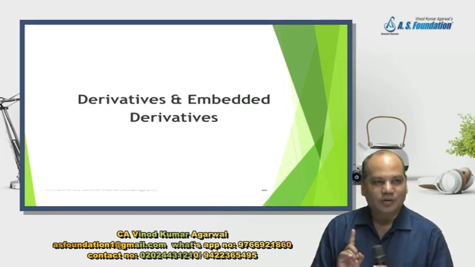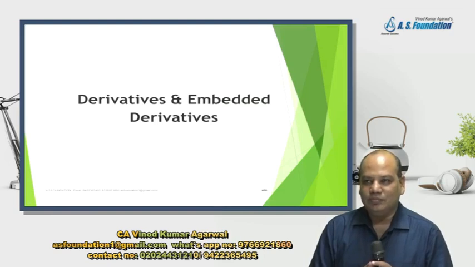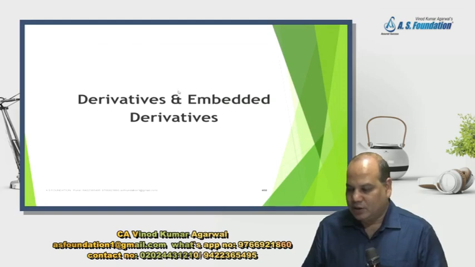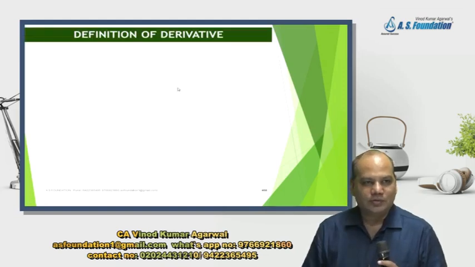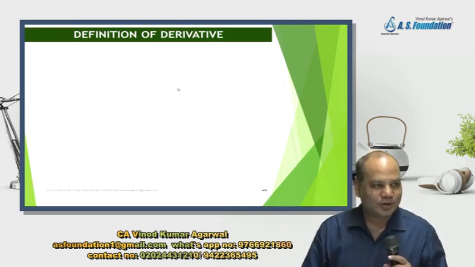Whether you use it for hedging, speculation or arbitrage, it will have the same accounting. Derivatives are very great instruments invented by people in the field of finance. It all depends on how you use them.